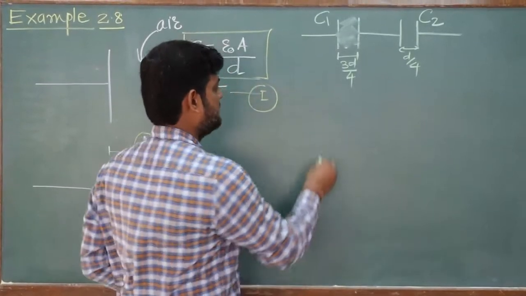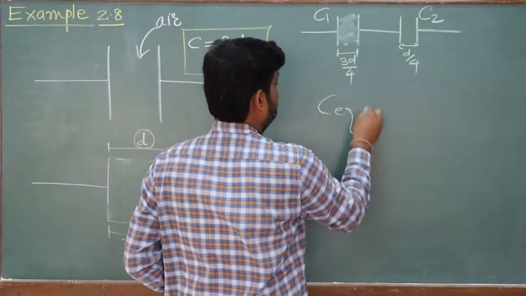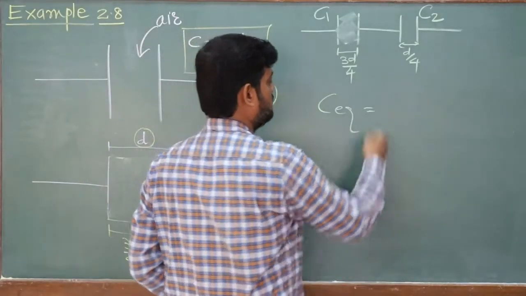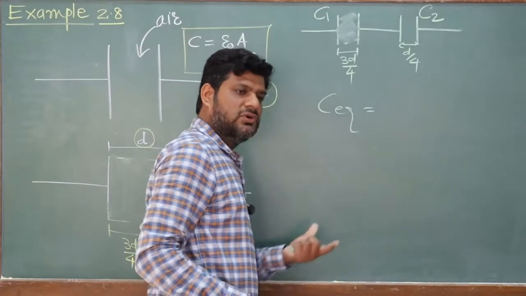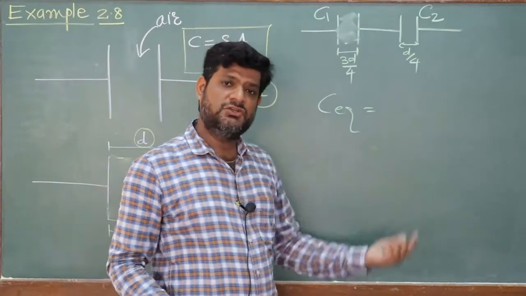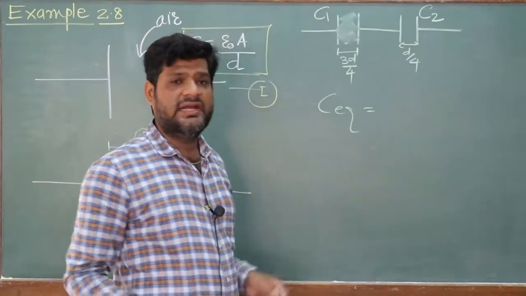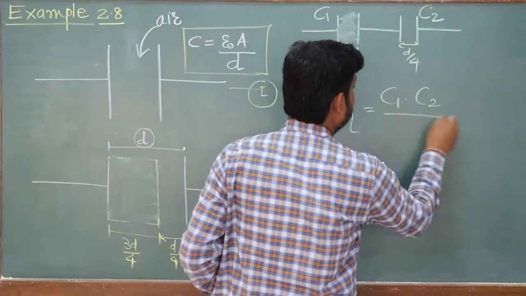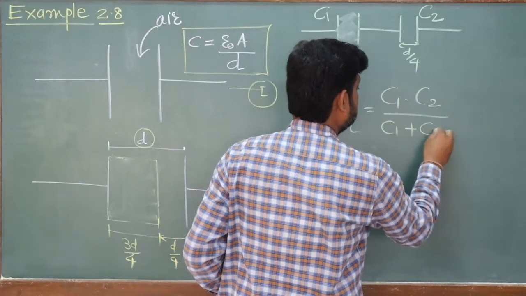We know that for two capacitors in series, 1 by C equals 1 by C1 plus 1 by C2, or we can also write C equal to C1 times C2 divided by C1 plus C2.